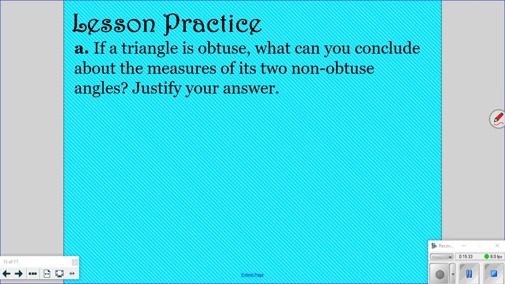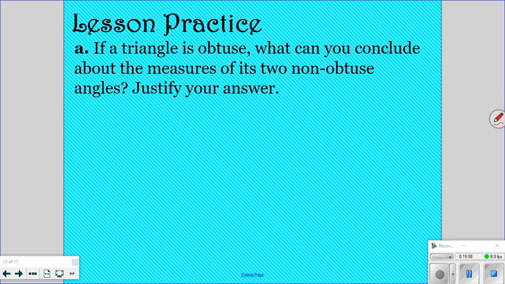So if a triangle is obtuse, what can you conclude about the measures of its two non-obtuse angles? And I want you to justify your answer. So it's not asking for a two-column proof, it's just asking for a sentence explanation. So the other two angles have to add up to less than 90 degrees.